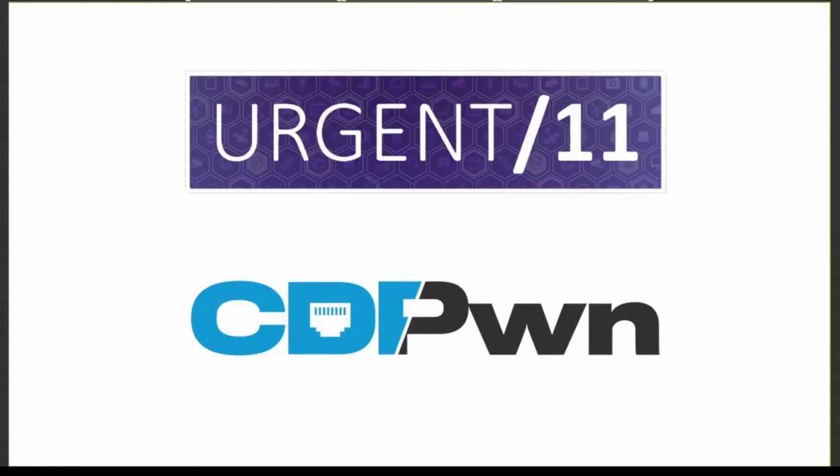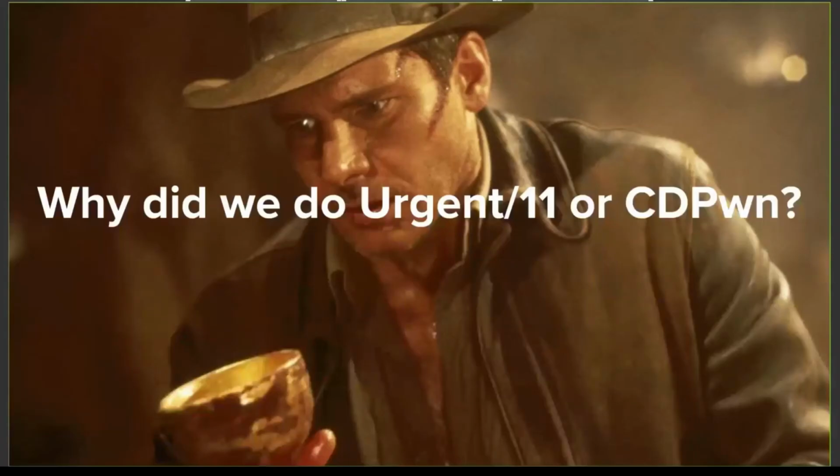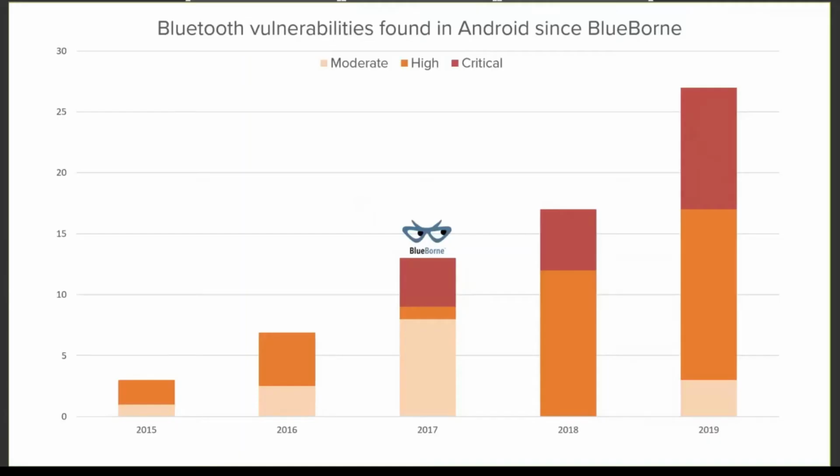Before we go into that, just a quick question: why did we even do Urgent 11 or CDPwn? Is the approach that I described to you even successful? It's kind of hard to tell, but I can show you this graph, which is about a vulnerability that we published in Android, iPhone, Windows, and Linux that affects the Bluetooth stack.